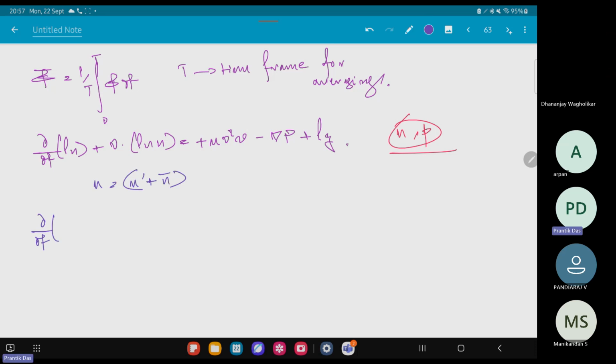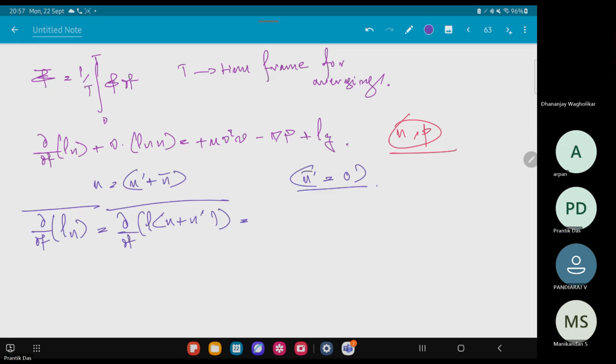So d/dt of rho u is equal to d/dt of rho (u bar plus u prime). If I take the time average of it, u prime average is basically equal to 0, by the way.